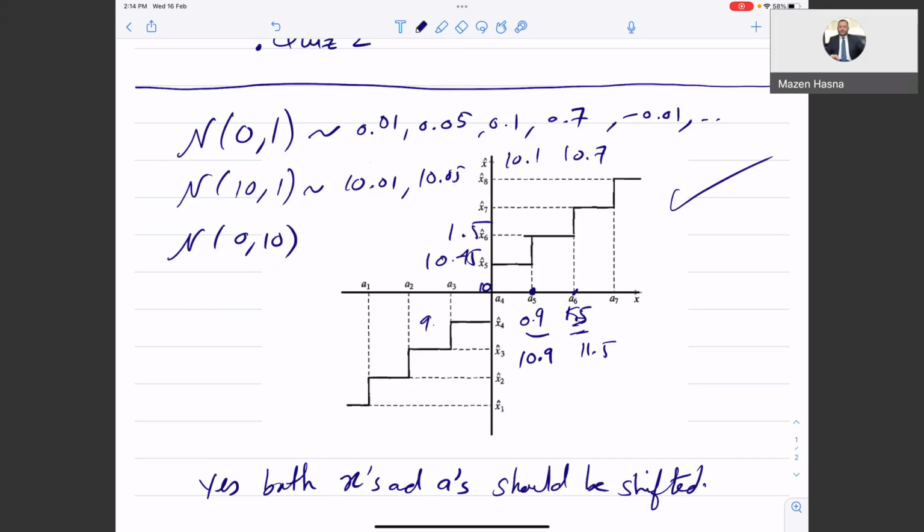It's the same quantizer, but it's enlarged, a bigger one. It's as if you zoom in or zoom out. There's no shifting. The center is the same if the mean is the same.